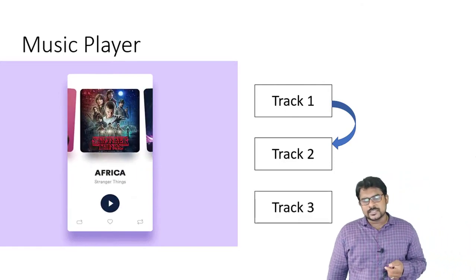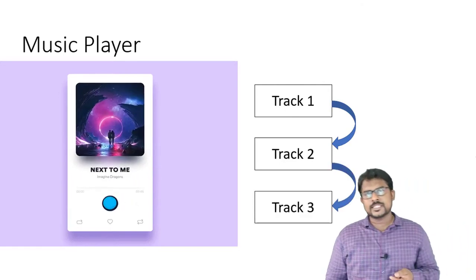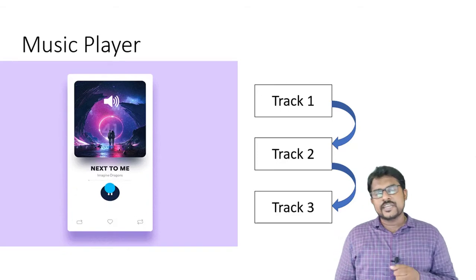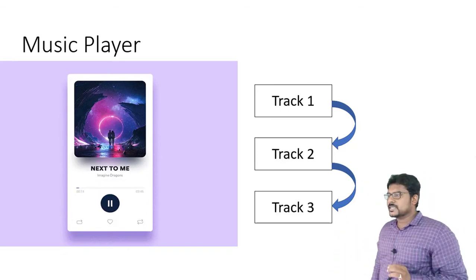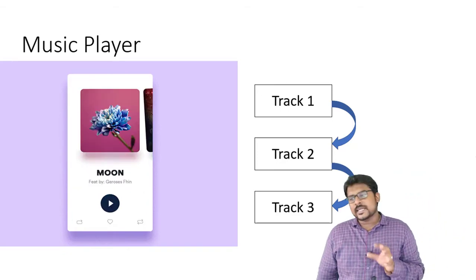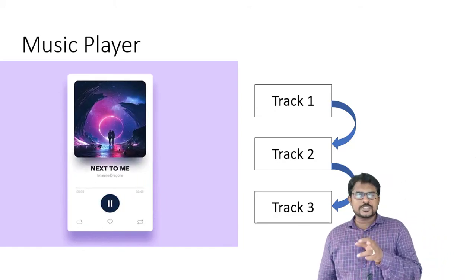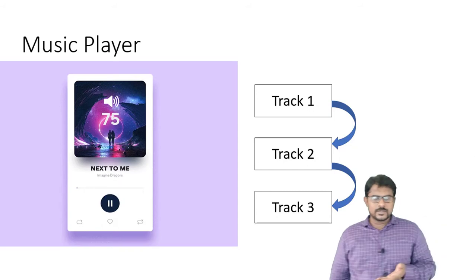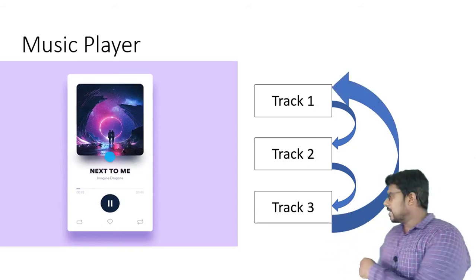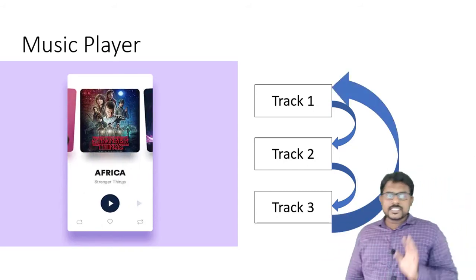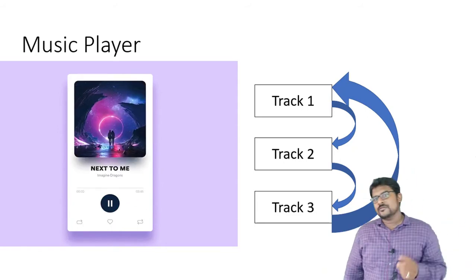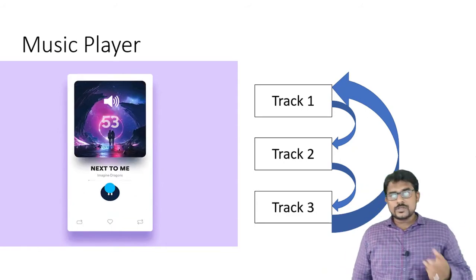And when you go to the third song, there is another link. This creates a single linked list. There are also use cases where from the third song you can go back to the first song, in repeat mode. It is linked back to the first song, so you get a circular linked list.